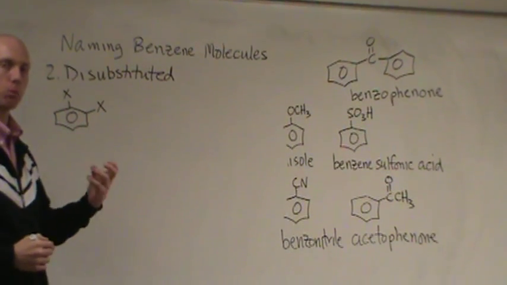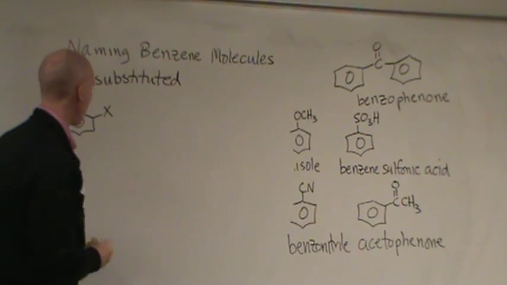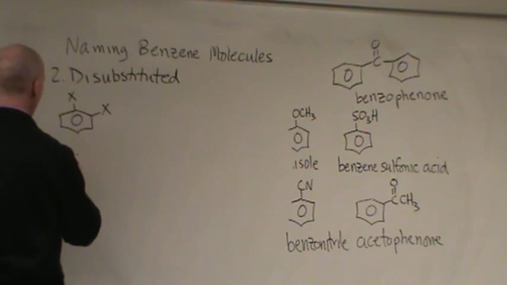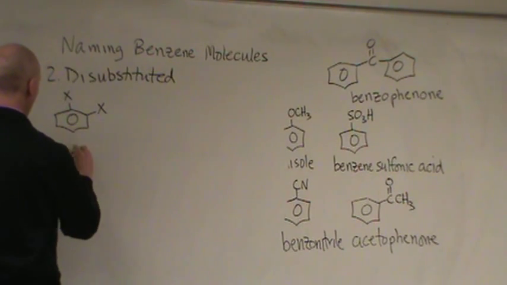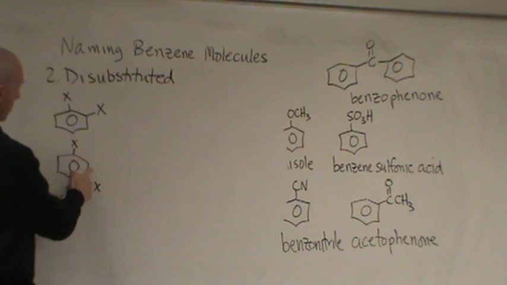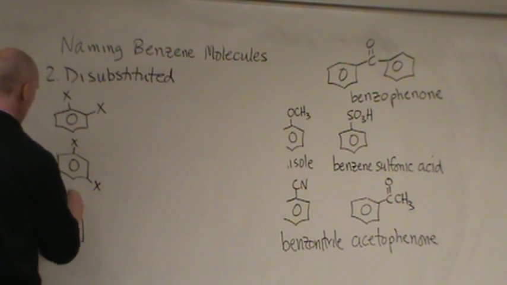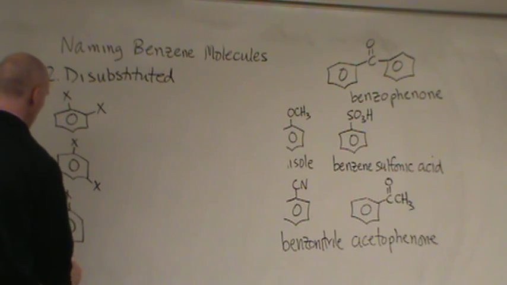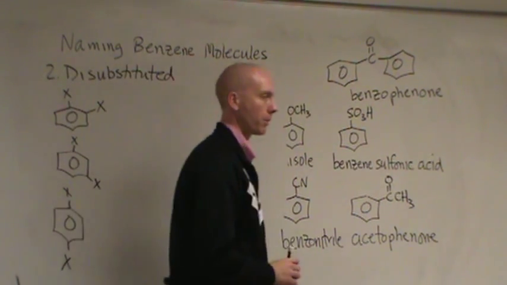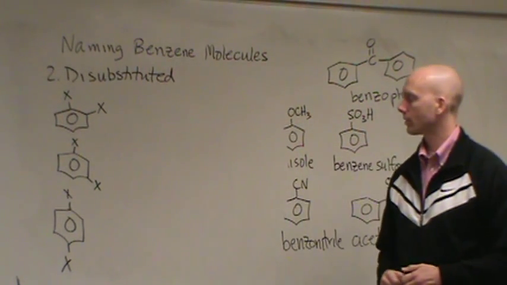And so we can have one of three arrangements, or what we call one of three different isomers with two groups on there. We have them adjacent or skip a carbon. Or have them on opposite carbons of the benzene.